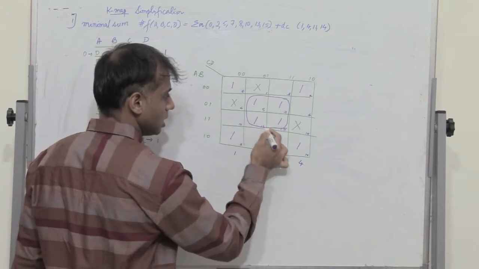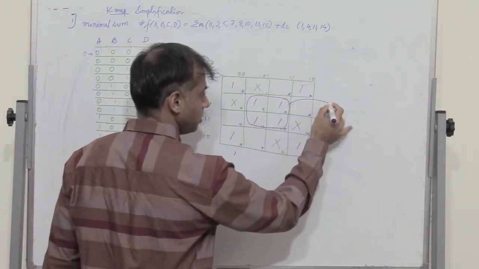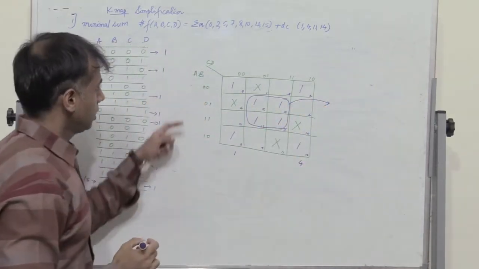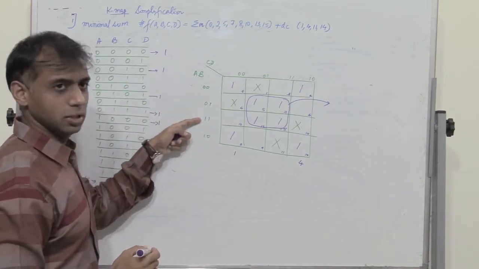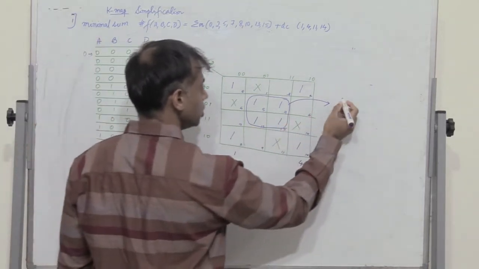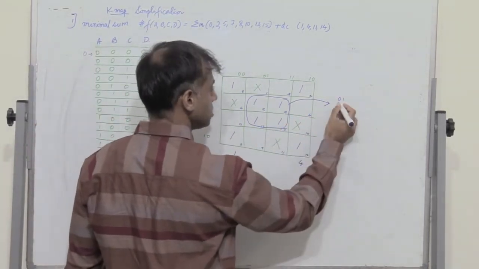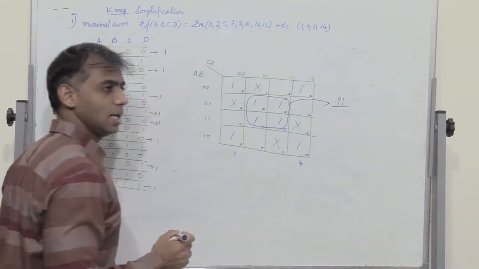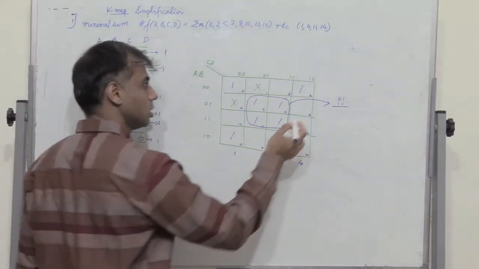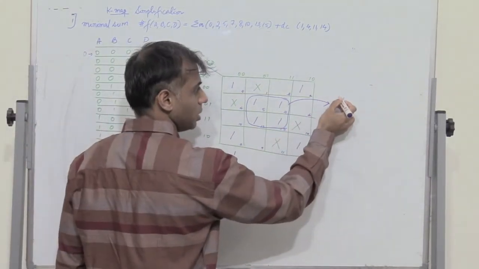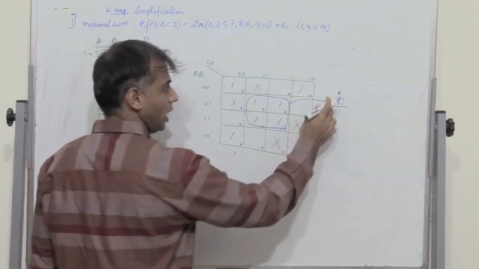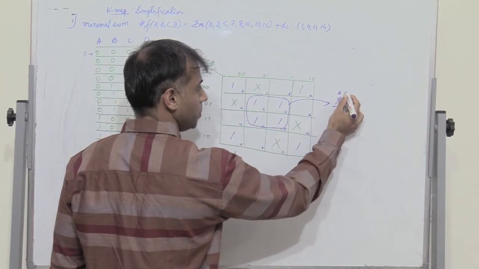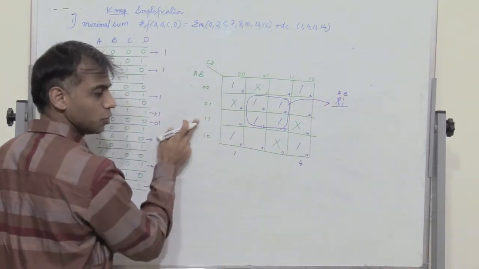Now these four ones can be combined, so let us first try to simplify the expression here. Now we consider row 2 and row 3. So row 2 is 0, 1, row 3 is 1, 1. So I eliminate the bit which occurs in complementary. So I have 0, 1 for A. So A gets eliminated, and for B I have a 1 here for both the rows.